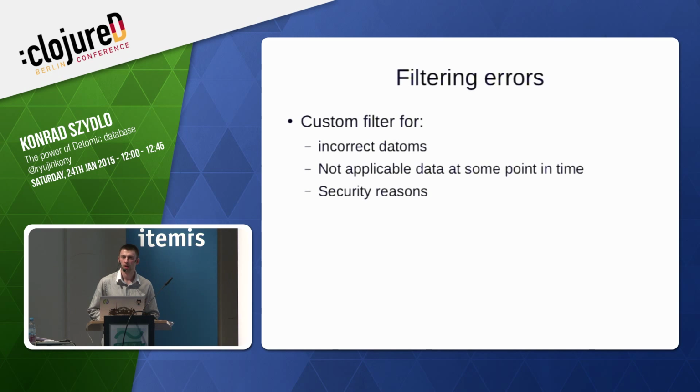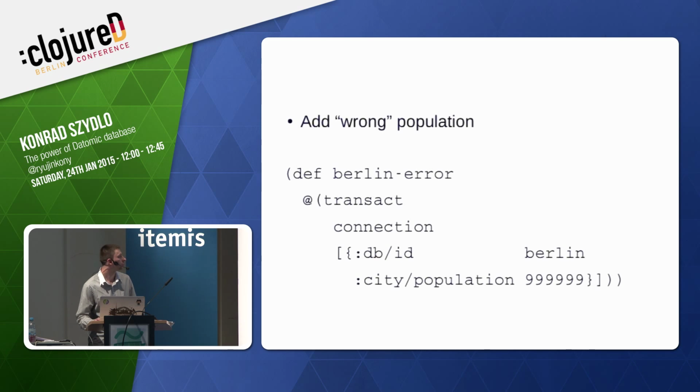Sometimes things go wrong, and we've got a database with data that we don't really want. Datomic allows us to create custom filters where we can filter incorrect datums, or data that is not applicable after a certain point in time, or data we want to filter for some security reasons. So this transaction would add a wrong population for Berlin.